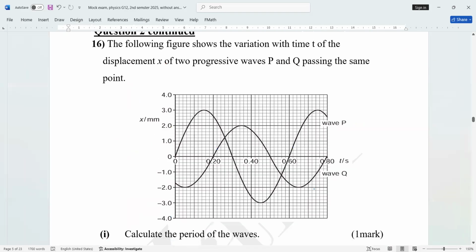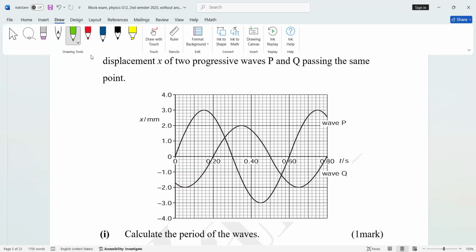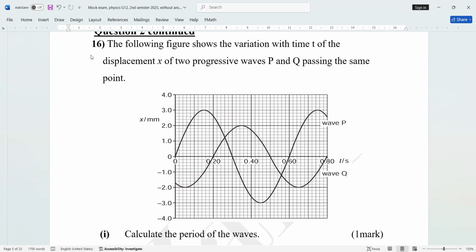Read the question, be careful, and try to solve it first. Now I read with you the question. The following figure shows the variation with time t of displacement x. So it is displacement time.